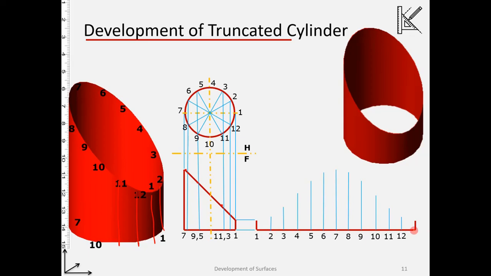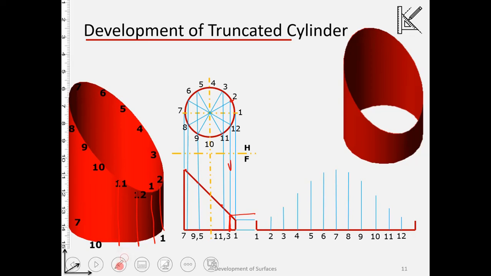of the cylinder. Similarly, at each I have drawn a line, and then I will be taking the projector from the frontal view, so that I would like to know, what is the height at 2. So the height at 2, I will look into this. For example, the point 2 is this, that's the projector. So corresponding to this, that's the height of 2. So the projector coming from 2, where it intersects this, will give me the height at 2.